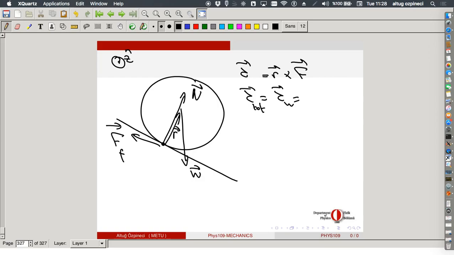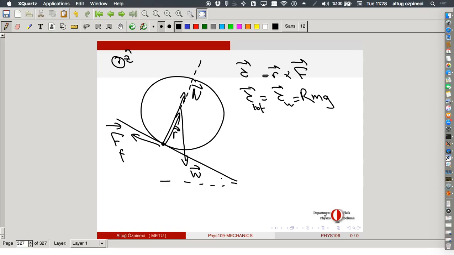The center of mass is at the center of this ring. So the torque will be the product of the magnitudes. So it is the radius times weight. The magnitude of the weight is mg. The angle between the two.